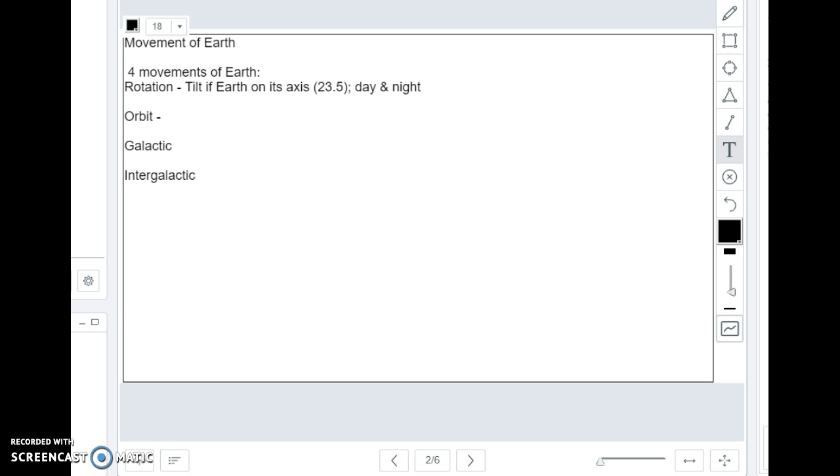So orbit, this is our annual rotation of the earth. So this is the annual rotation of the earth around the sun. This rotation also deals with seasons. But know that the main reason for seasons is Earth's tilt.